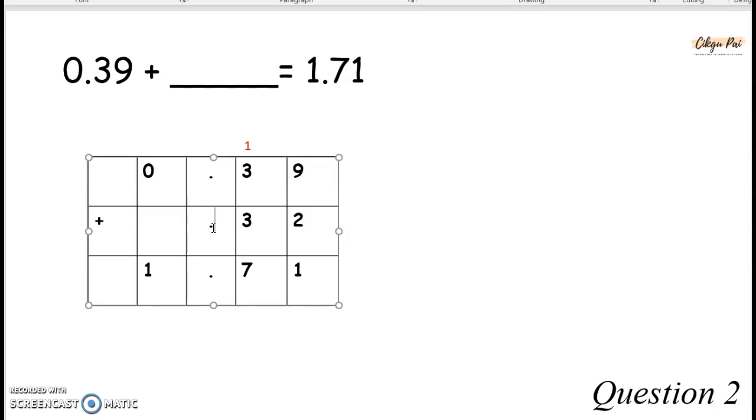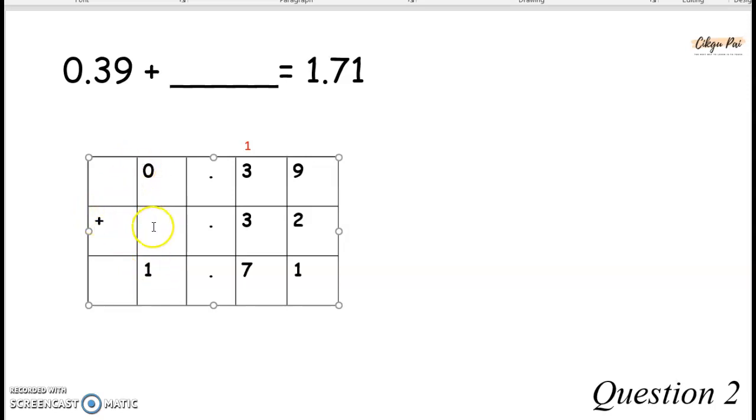Let's check the answer first. 1 plus 3, 4. 4 plus 3, 7. Good. Here, in order to get the answer 1, 0 plus what number? 1.